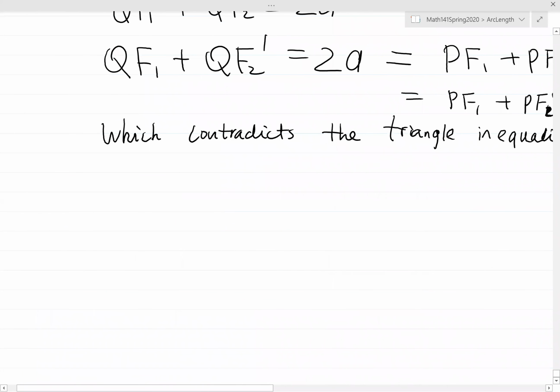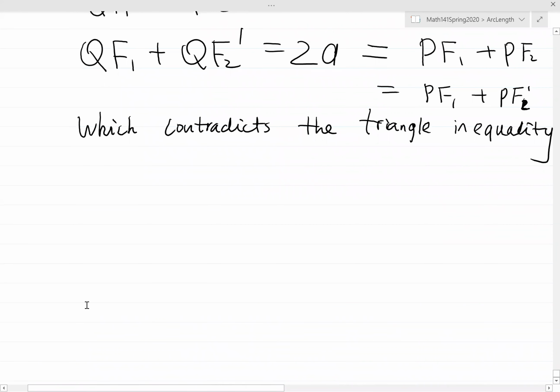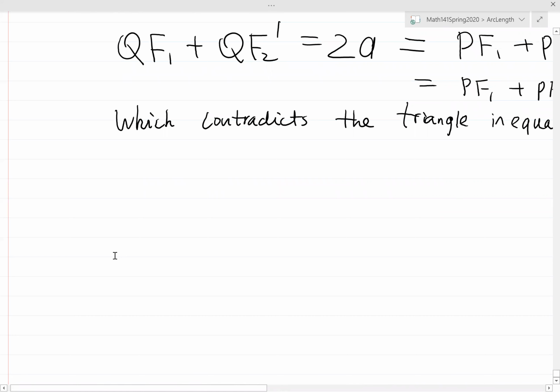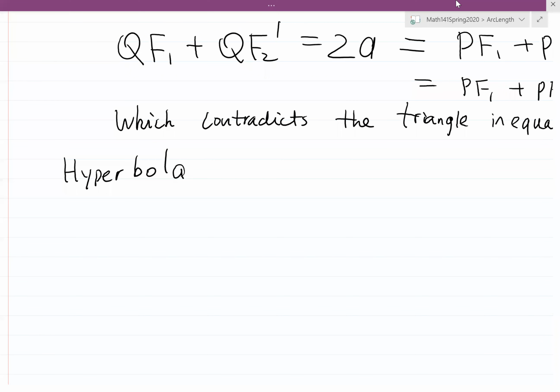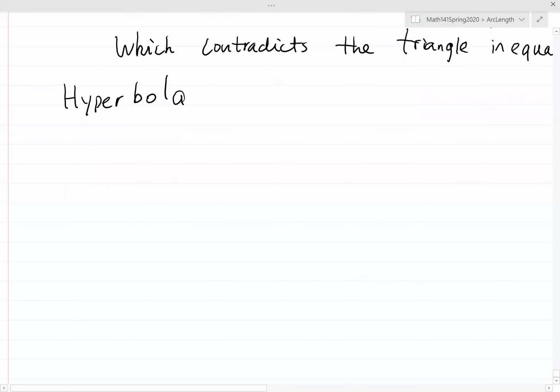Now we have another case, which is the hyperbola. So what happens for the hyperbola? How is light reflected on the hyperbola? Now we will study this question.